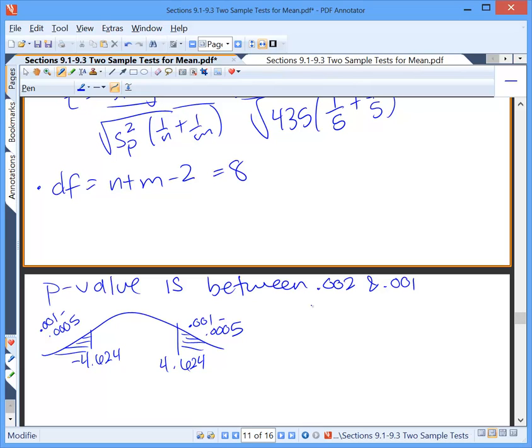If you have a calculator or applet that will do this for you, your exact p-value is 0.0017.